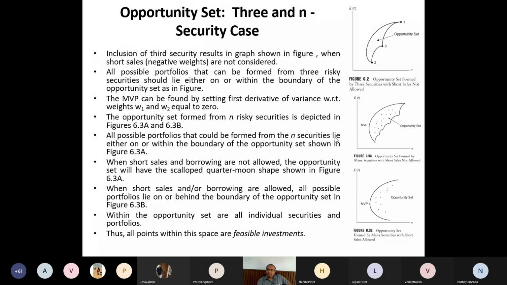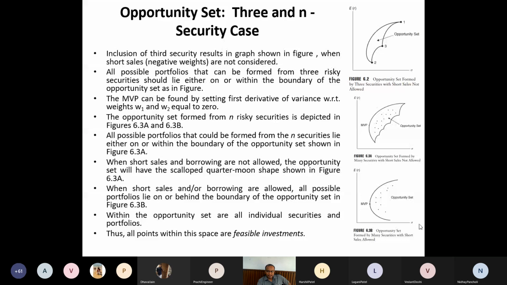So by looking at this, we arrived at this point where we found the opportunity set. So this particular graph is in the sigma ER plane. So sigma is the standard deviation of my portfolio, and ER is the expected return from my portfolio. So if I plot risk versus return, actually the risk is described by variance, and the square root of the variance is the standard deviation.